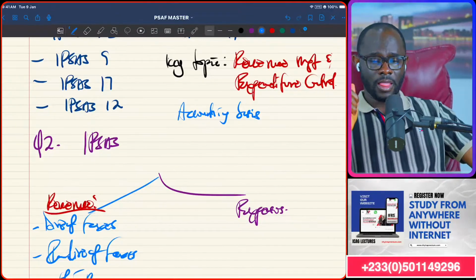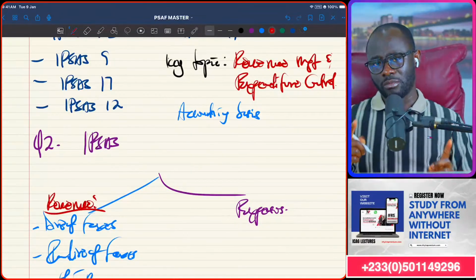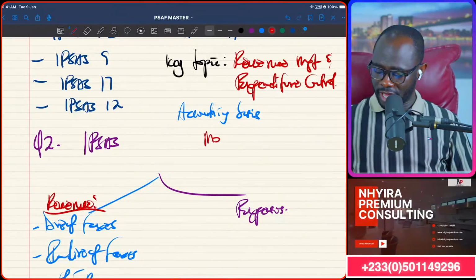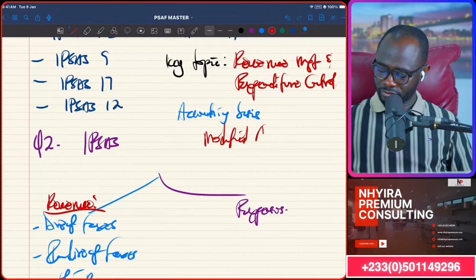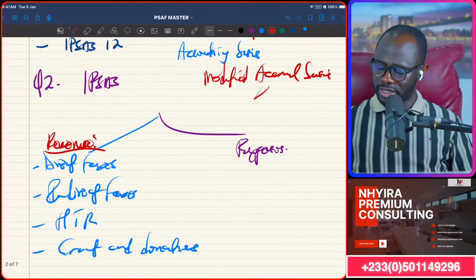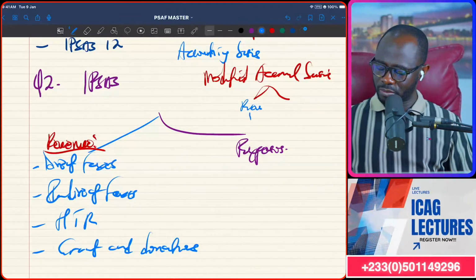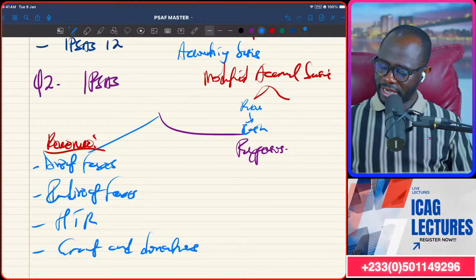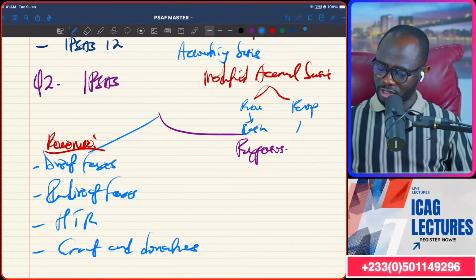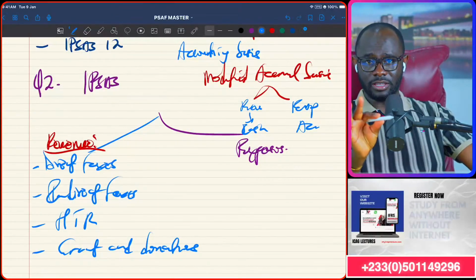That's all. Now, there is also what is called modified accrual basis. In the modified accrual basis, 2 things are happening. We will recognize revenue on cash basis, and then we'll recognize expenditures on accrual basis. So you got to be careful there.